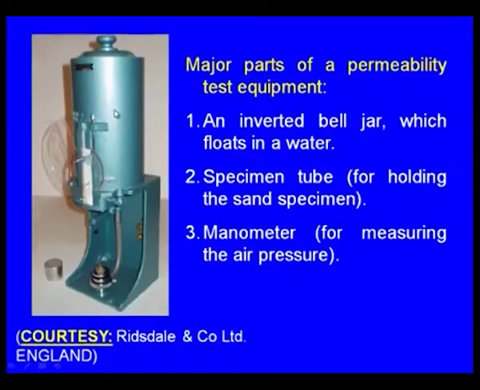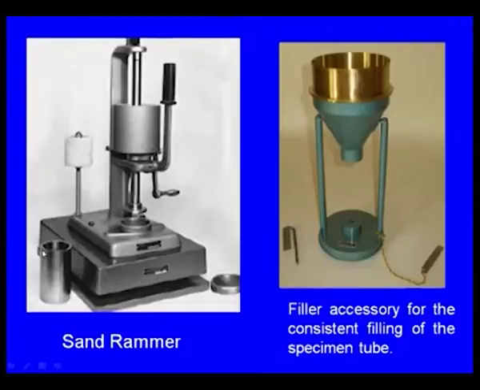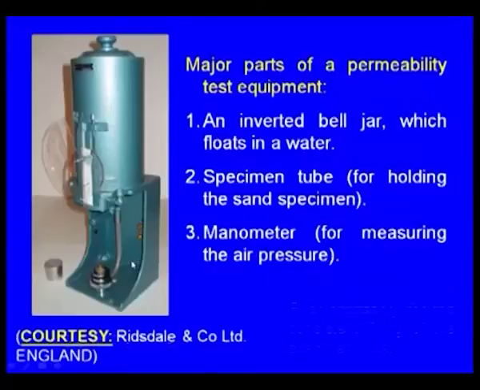Now, how do we measure permeability using this apparatus? Previously we filled the molding sand in this specimen tube. We have to bring this specimen tube and place it here. We can see there is an opening here where we place it, and there is a jar.